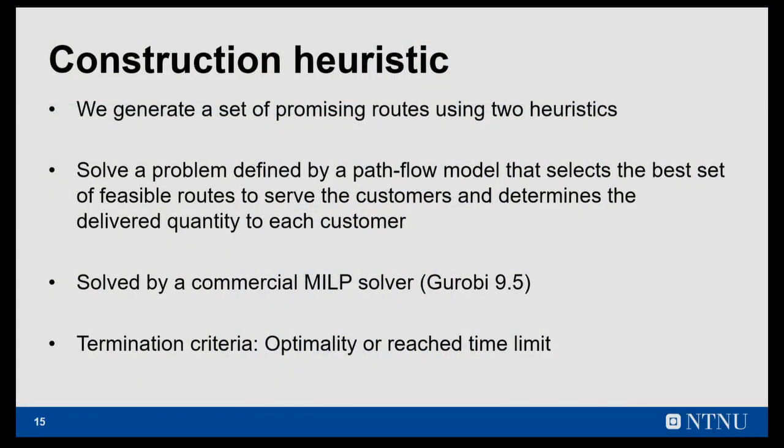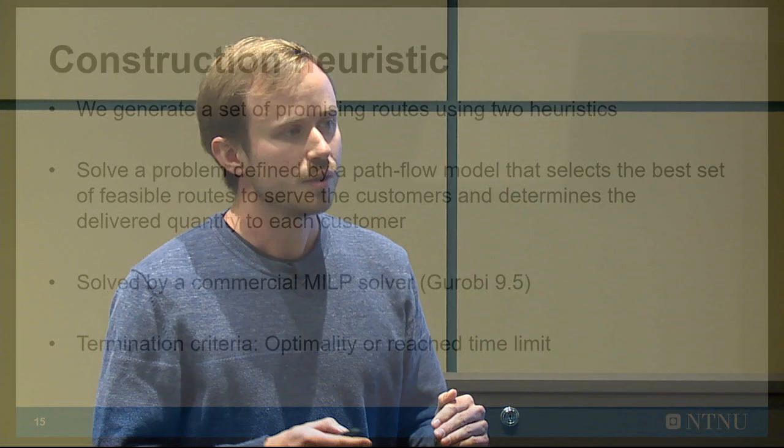I think that's enough. I'll just quickly go through the construction heuristic. It's not the main component of the algorithm, but it's needed to have a starting point. So we use two heuristics to create a set of promising routes, and then we solve a path flow model that just selects the best set of routes we can find and distributes or adjusts the delivered quantities among the customers.